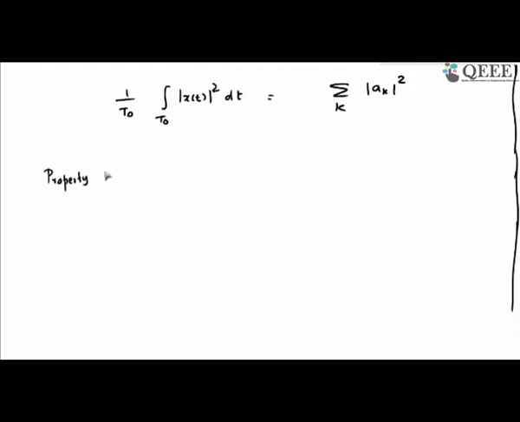Now let us look at property 8, differentiation and integration. We will look at those two properties and then we are almost done with the properties. Then we can talk about convergence of Fourier series. Property 8 is differentiation.